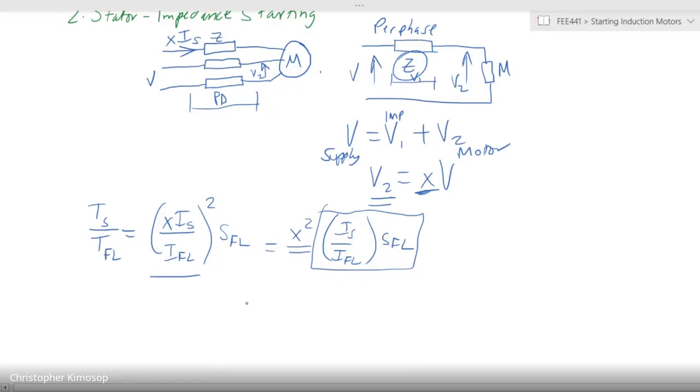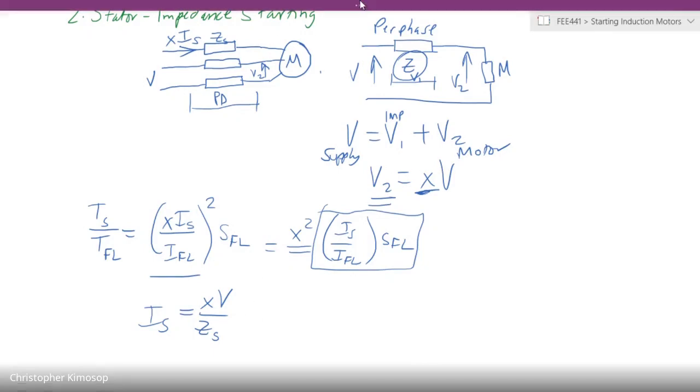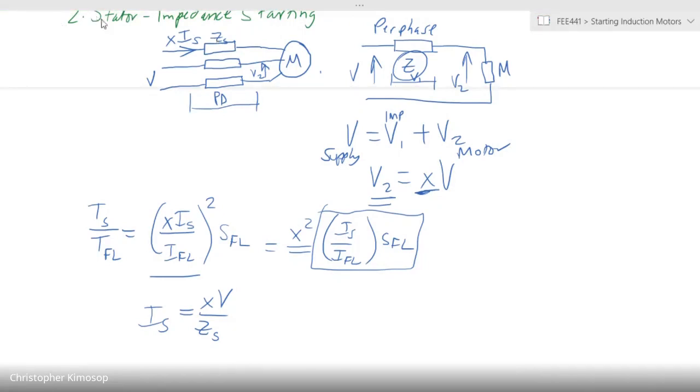Now, let's look at it from a different point of view. Our IS, taking into account what we've talked of above here, is equal to XV over Z, okay? Sorry, I've confused that.